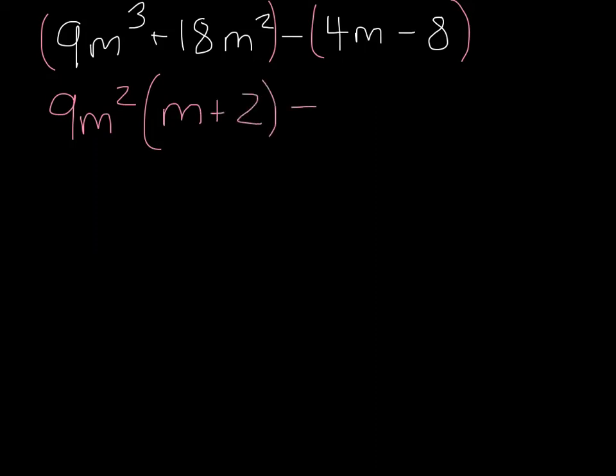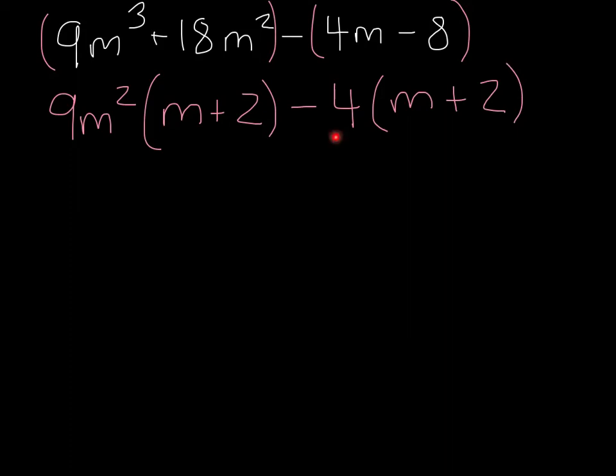Minus sign comes down. What can we factor out of our second term here? 4m minus 8. 4 and 8 share a common factor of 4. M is just in the first term, so that's going to stay where it is. So it looks like we could just factor a 4 out of this one. What are we left with inside the parentheses? M plus 2. Now let's double check this to make sure everything's good in the second one.